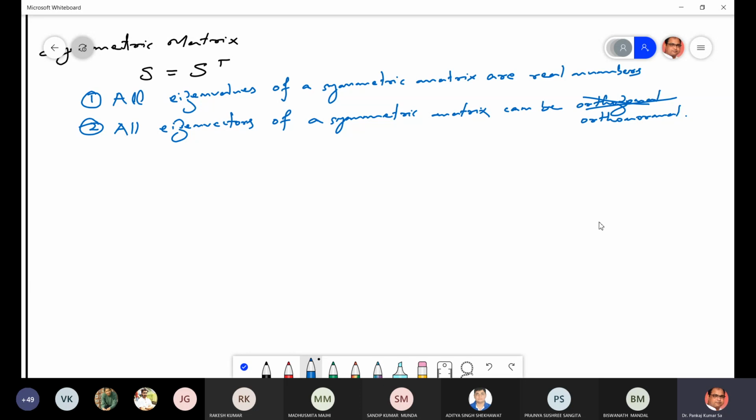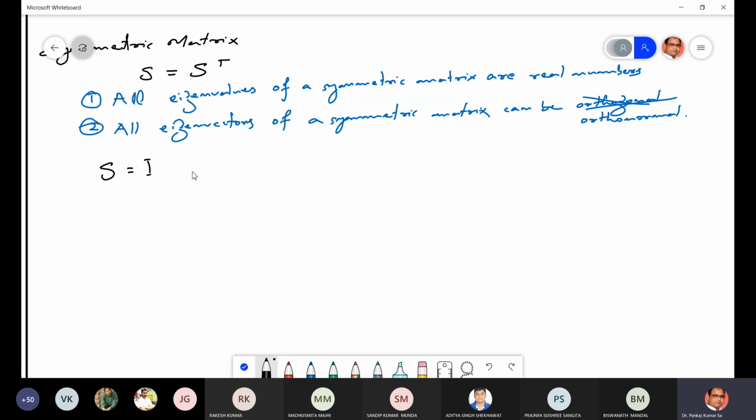What this "can be" is, actually, is that eigenvalues of a symmetric matrix are real. But when it comes to eigenvectors, let us say, for example, we have a symmetric matrix S which is equal to I, the identity matrix.